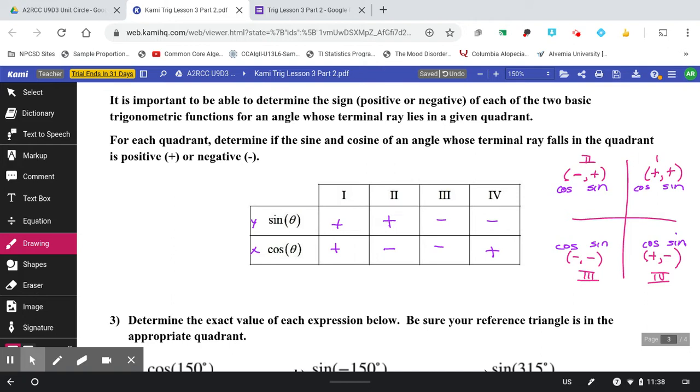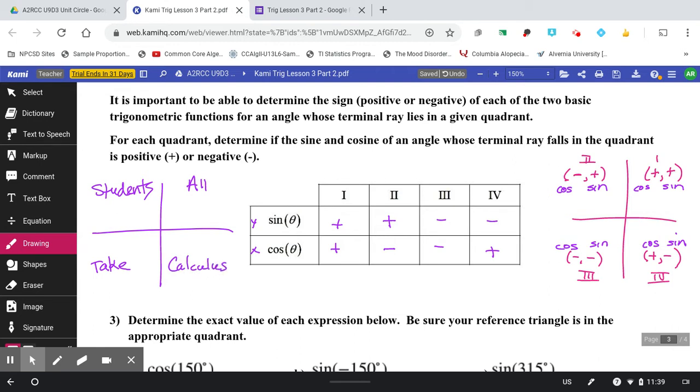So when you come up with the exact value, one way of doing that is to always just think about it in the first quadrant, but then just add the sign. And one way of helping you remember this, if that's not enough, is "All Students Take Calculus."